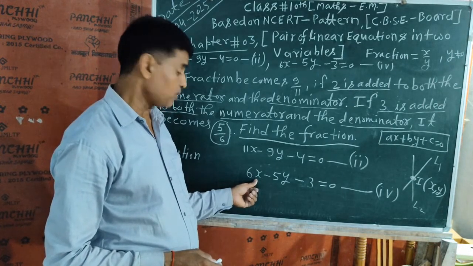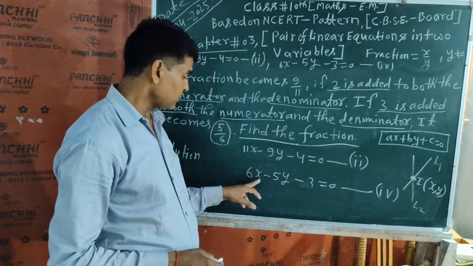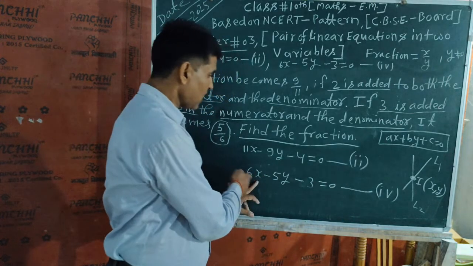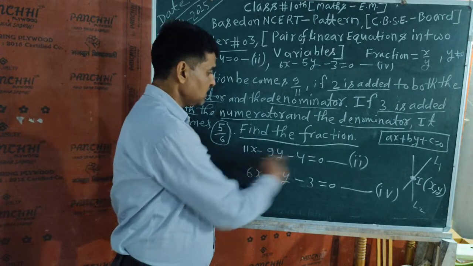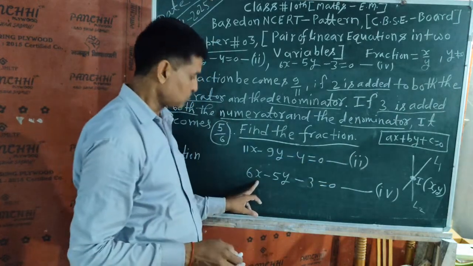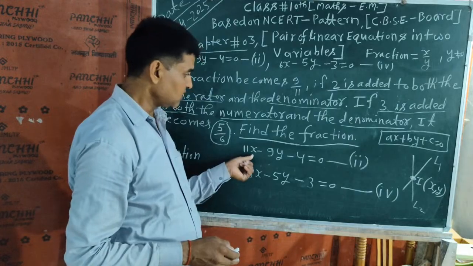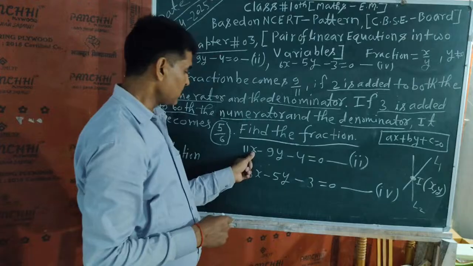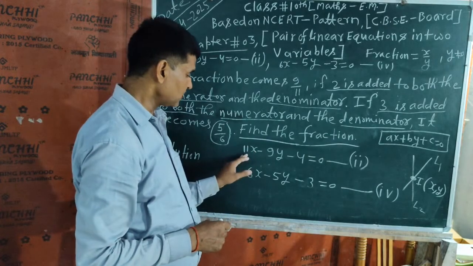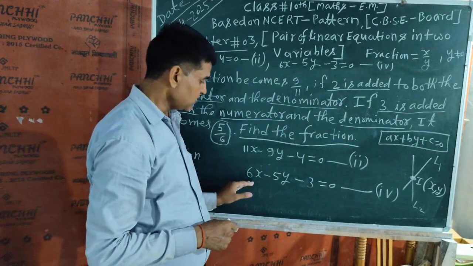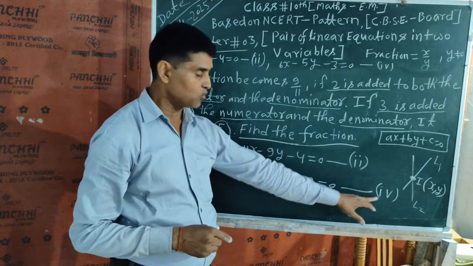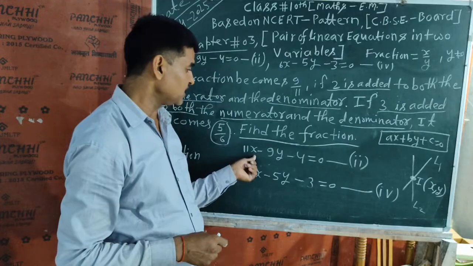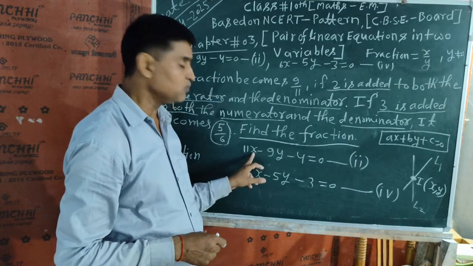Equal can be obtained if the coefficient of x in equation number 4 is 6, so I will multiply 6 in each term of equation number 2. In equation number 2, the coefficient of x is 11, so I will multiply 11 in each term of equation number 4. After multiplication, we will get the same coefficient of x in both equations.